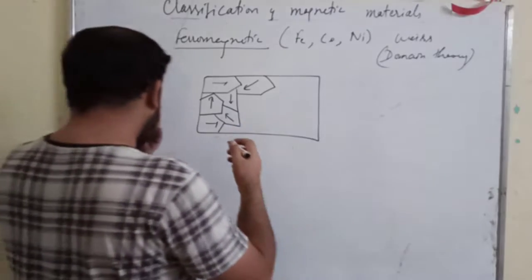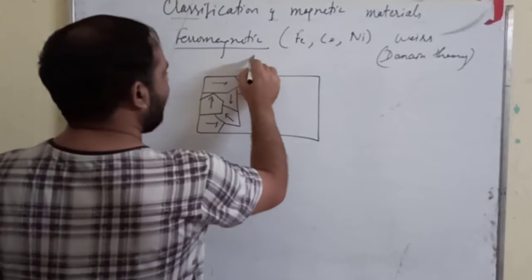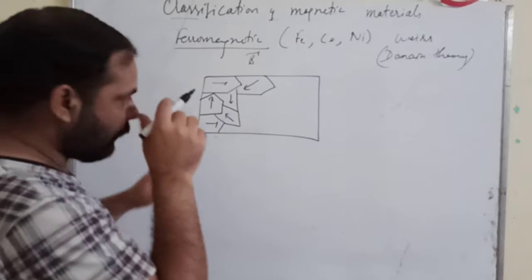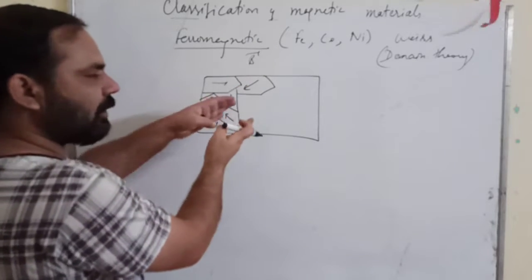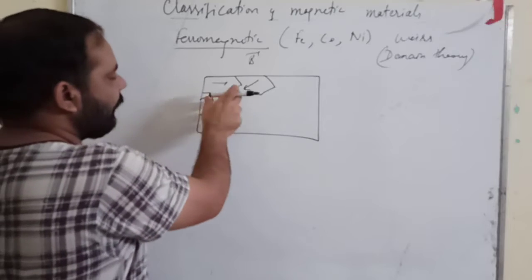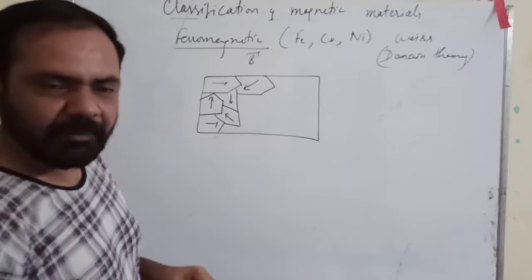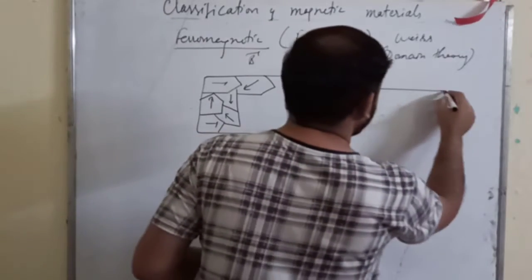Now what happens when we place this inside a magnetic field? Two things can happen. Either the whole domain can shift its position and align itself along the direction of the magnetic field, like this.